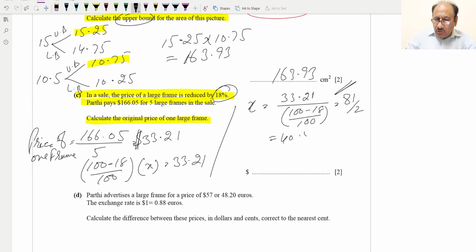So 40.5 will be our final answer. This is in dollars and this is for tomorrow.